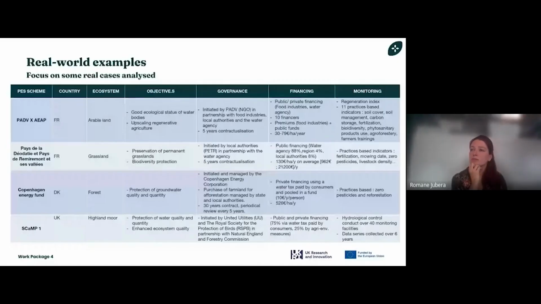And the last one is in the UK, and it's more based on highlands, also for water quality and quantity preservation. It's a more publicly initiated initiative, but it mixes public with private financing, also with water tax paid by the consumers. So with that, I think we have a good overview of what's available out there in the real world.